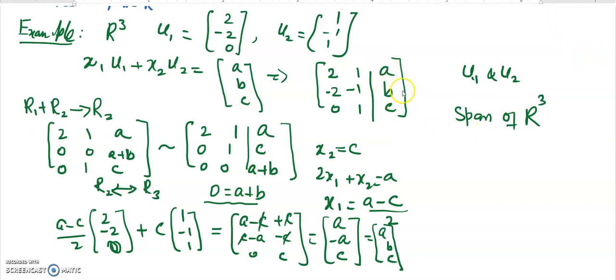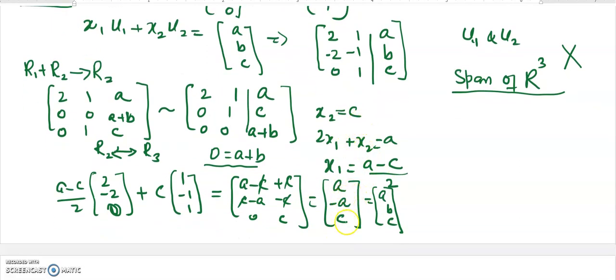However, if you closely look, this result is not correct. The reason is that we got minus A and C over here, and we did not find this equal to A, B, C independently, because we have used a relationship, 0 is equal to A plus B, to find this.